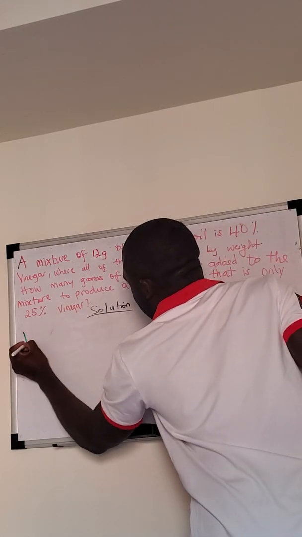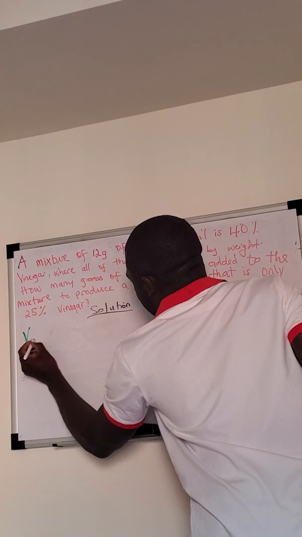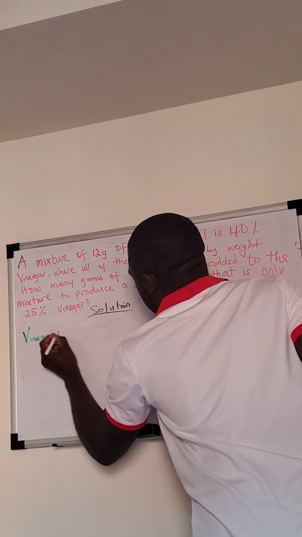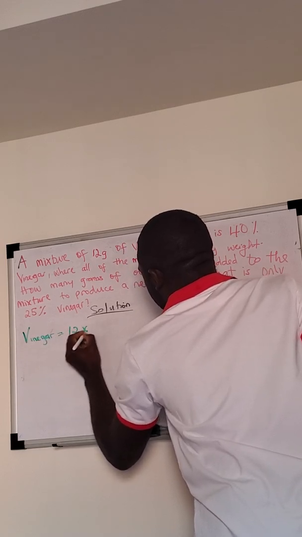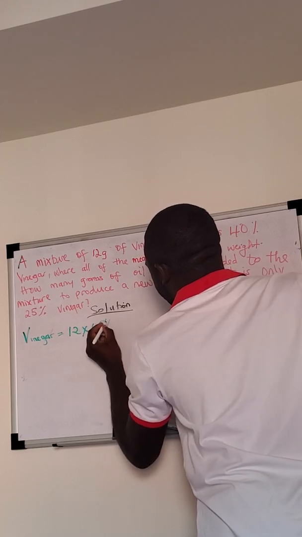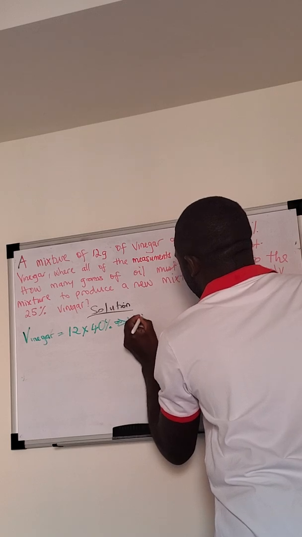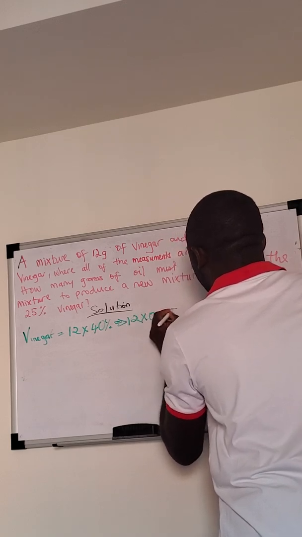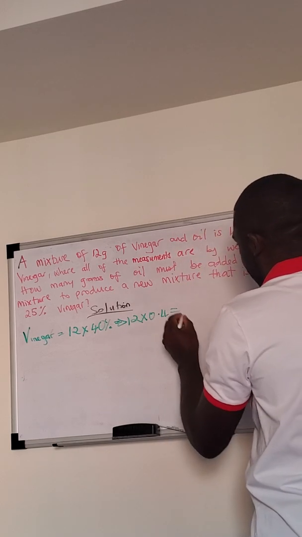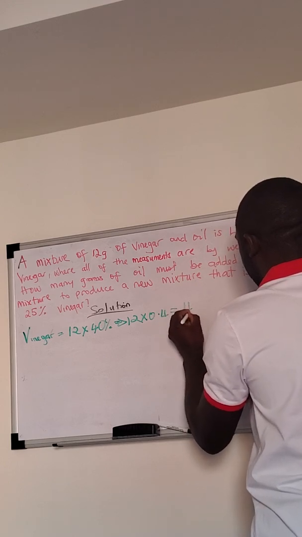Which means vinegar is equal to 12 times 40%. This implies 12 times 0.4, which is equal to 4.8.